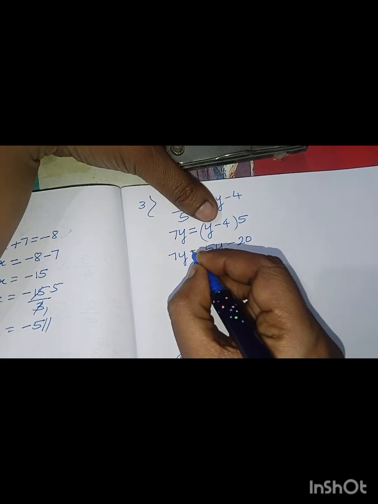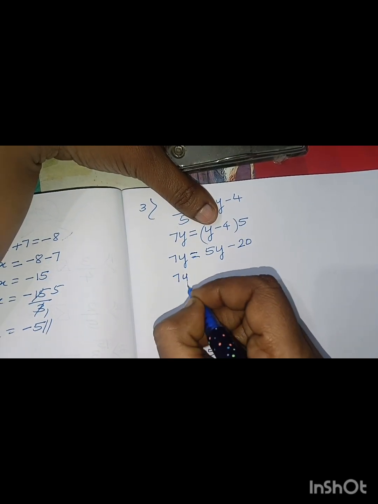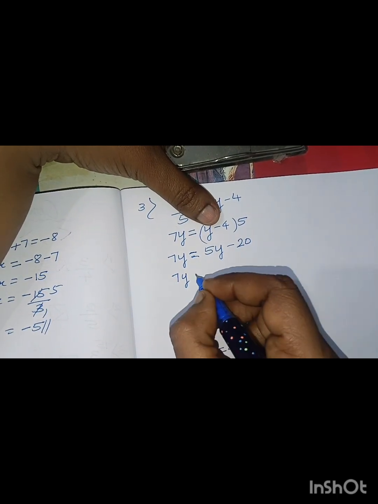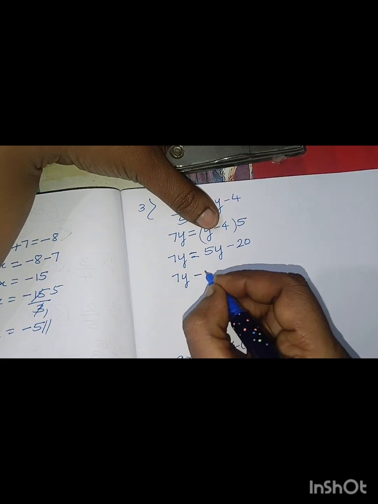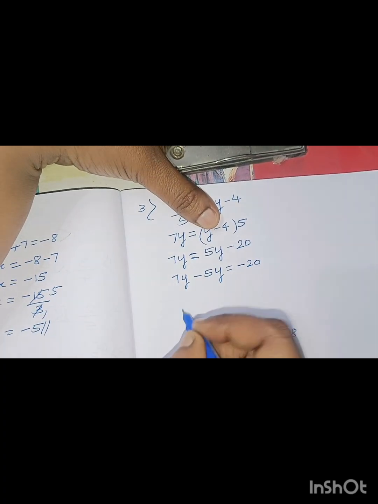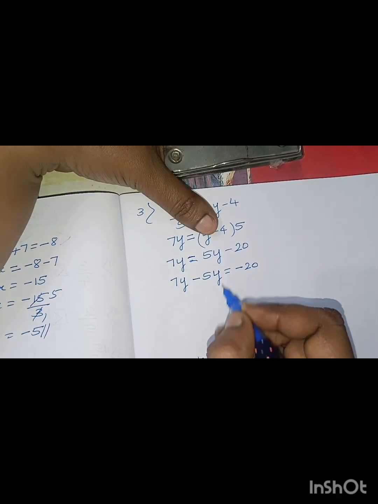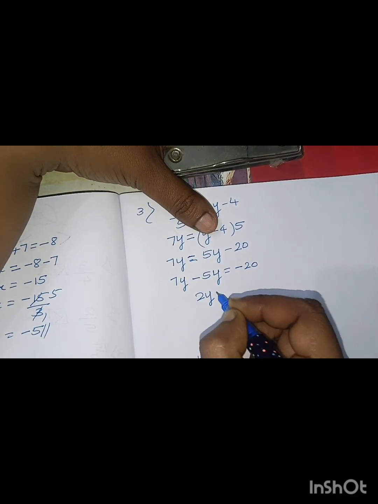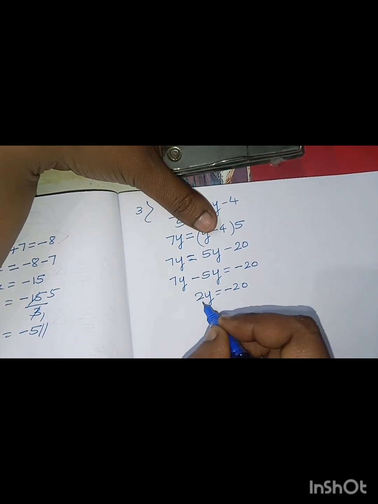Now combine the like terms. Transpose this 5y to the LHS, that will become minus 5y equals minus 20. 7y minus 5y will become 2y equals minus 20.